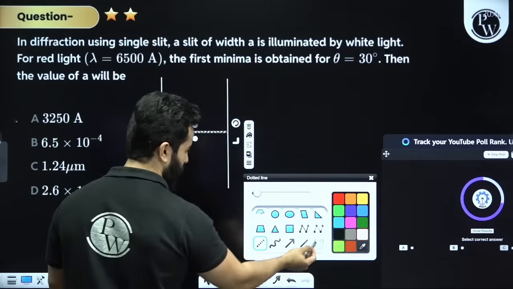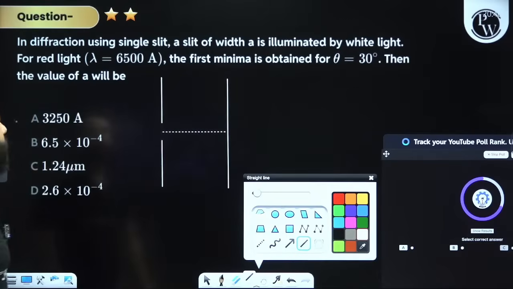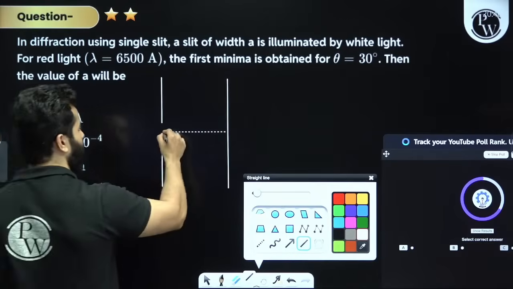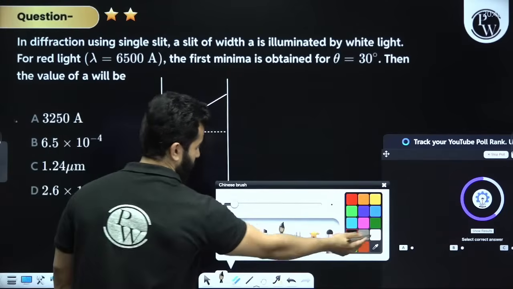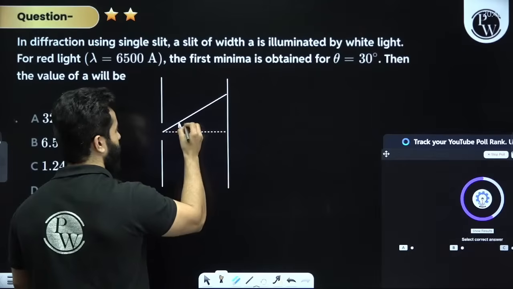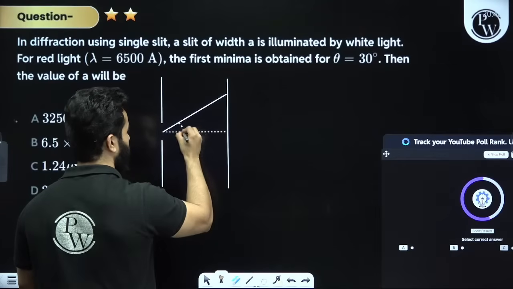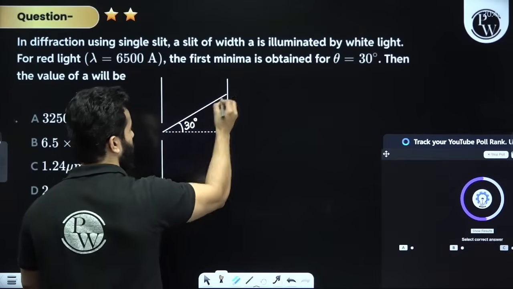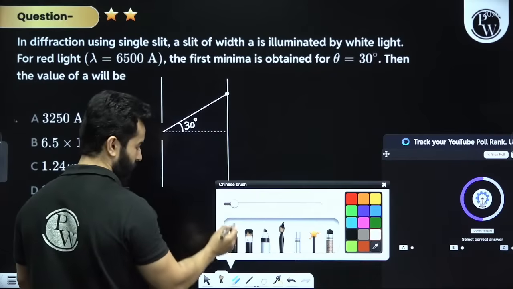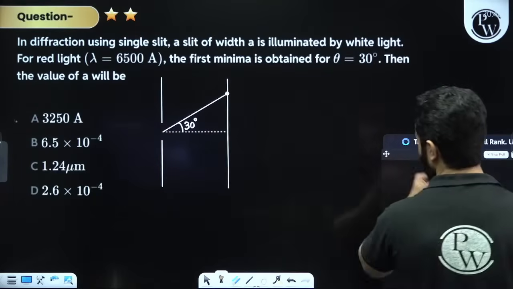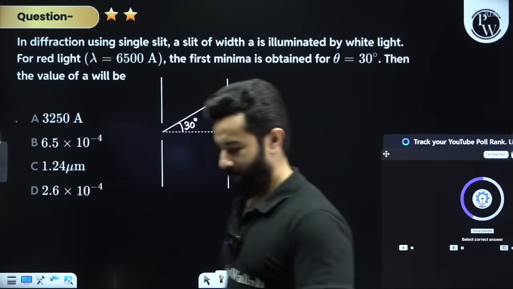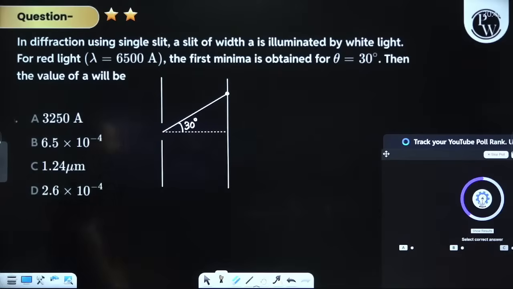We are having the first minima at 30 degree, so let's suppose somewhere over here. -30 degree. First minima. Done. Not maxima, minima. First minima.